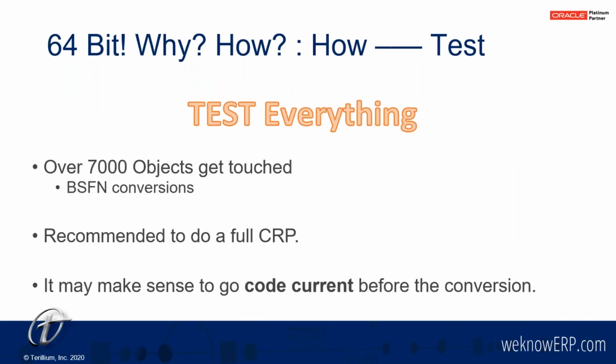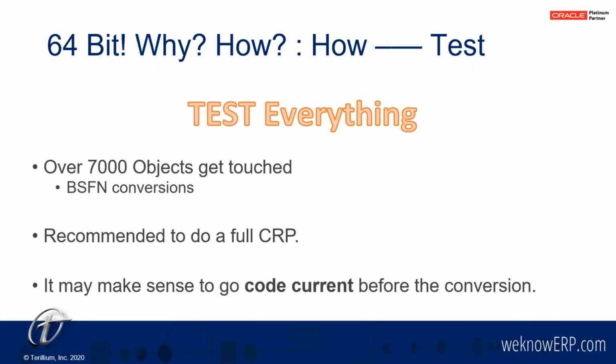Again, as far as one overriding recommendation, test the heck out of everything. Over 7,000 objects are getting touched. In addition to the 300 business functions you get with those ESUs, you also get these automated conversions. So you should do a full CRP, treat it like you would any other tools release that has significant features in it.